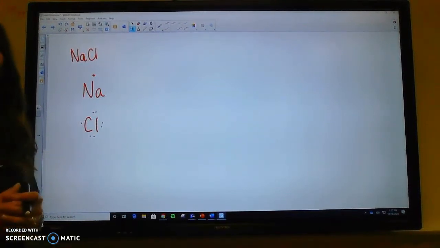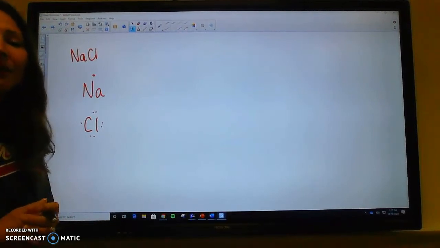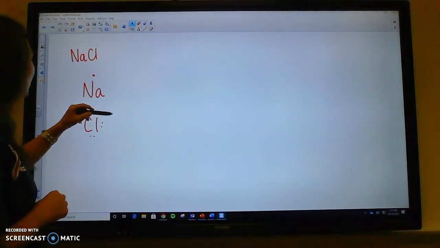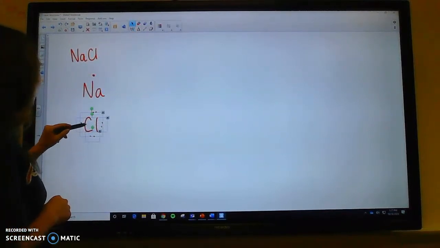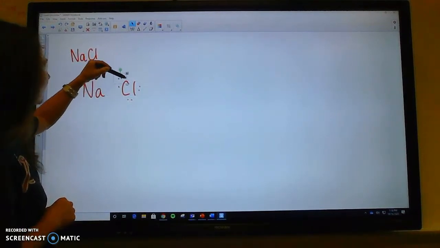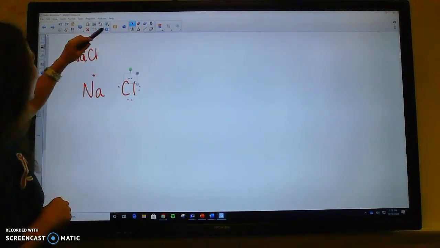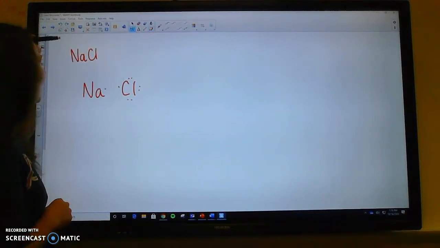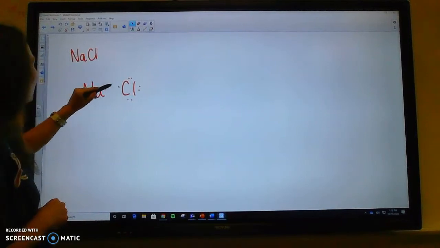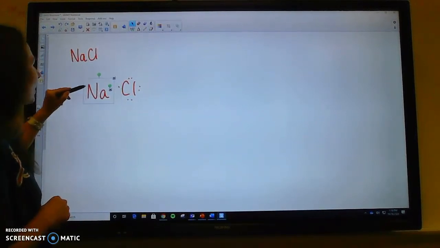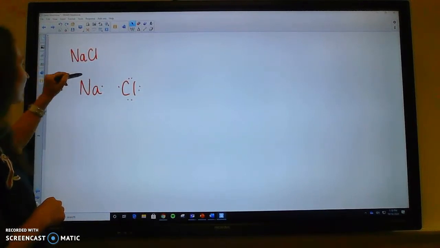And anywhere that you see a single dot, that's where one bond can form. So we can actually form a bond between sodium and chlorine. Between sodium and chlorine, if I were to take this little dot and move it to this side, now sodium and chlorine can both bond to each other with their little single connection, okay?